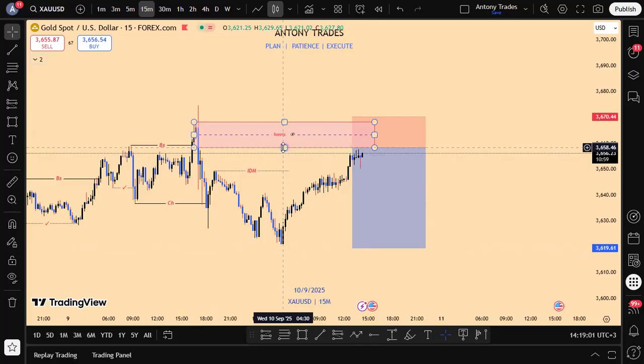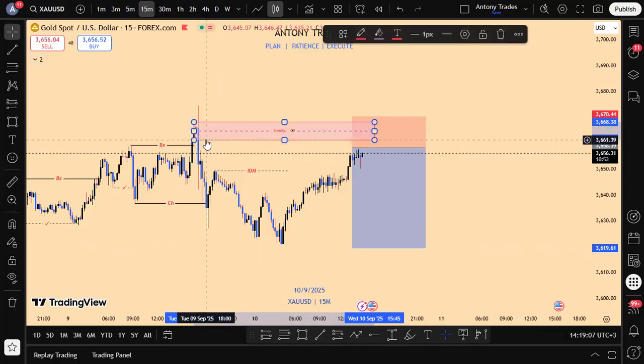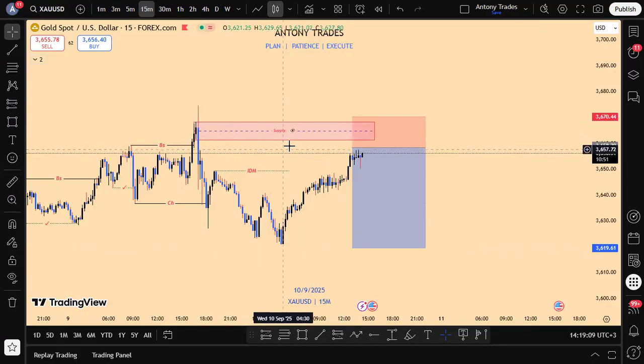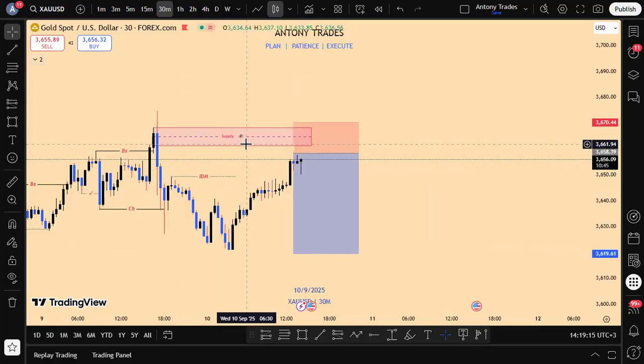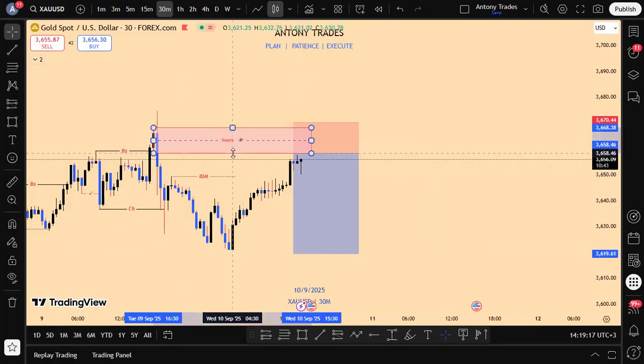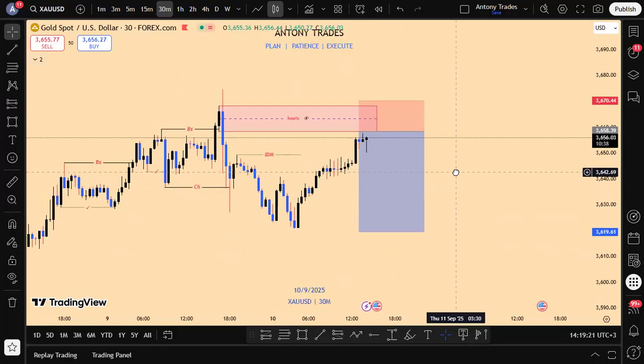So I've decided today not to mark this 15 minutes order block, but you can still mark it. You have this order block here from the 15 minutes time frame. And for me, I've decided to mark this order block from the 30 minutes time frame. We have this clean order block here, and this is where I'm waiting currently.